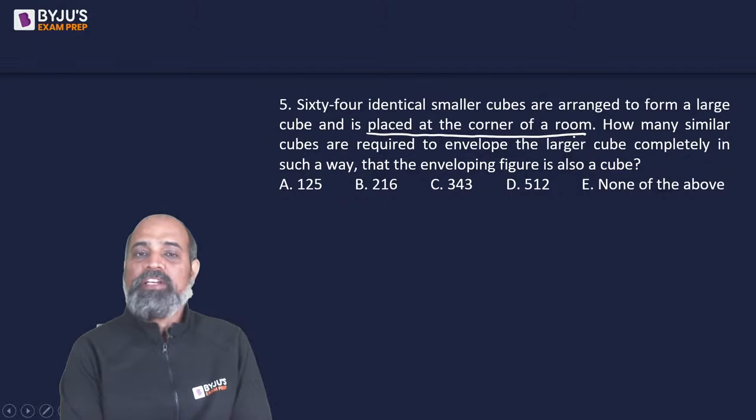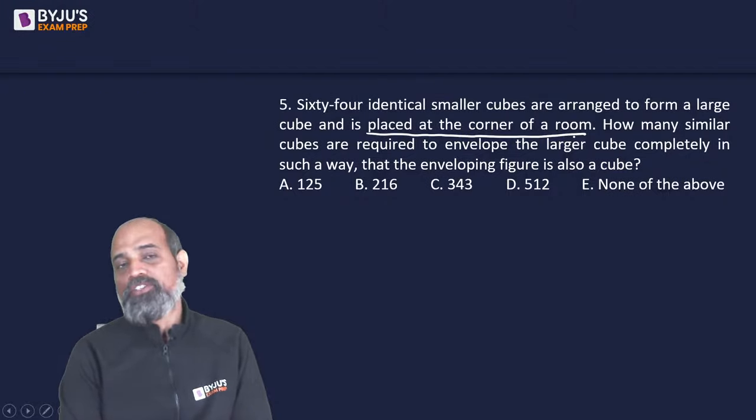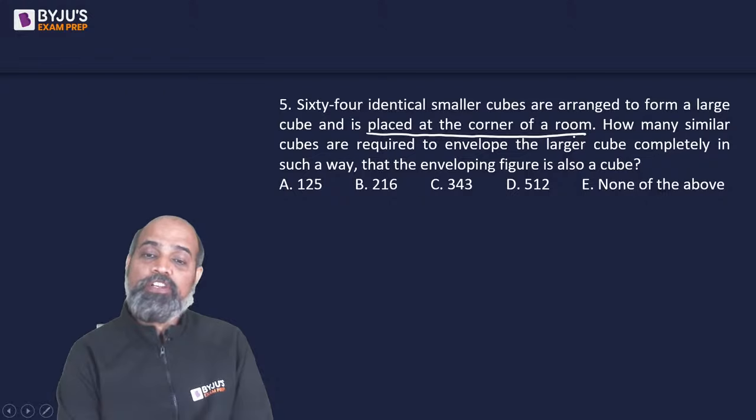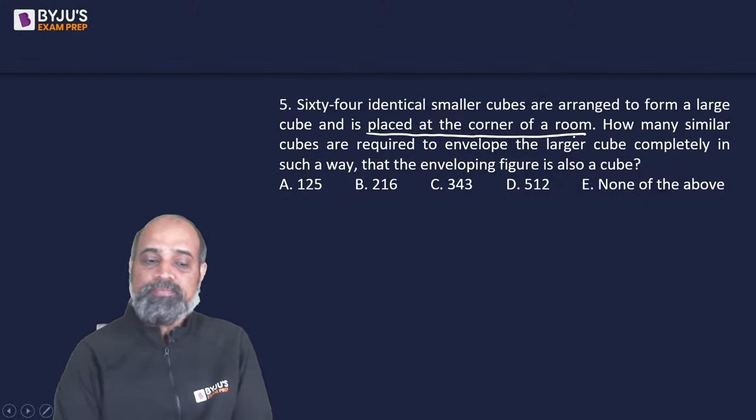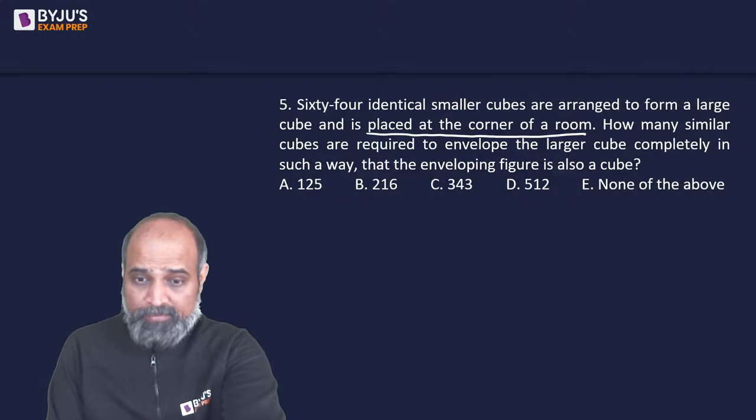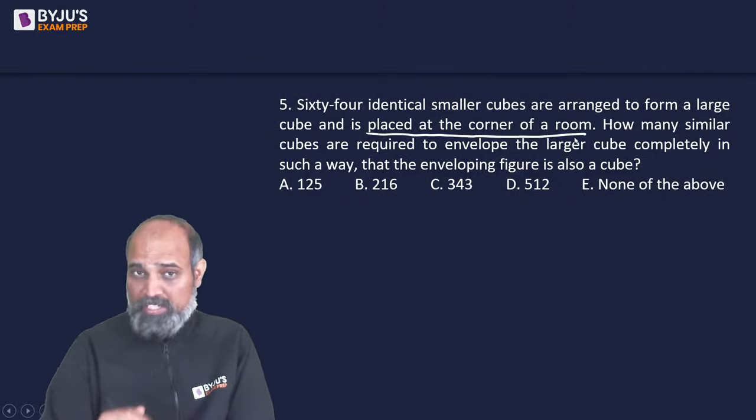So how many similar cubes are required to envelop the larger cube completely in such a way that the enveloping figure is also a cube? So there is a little twist, right?